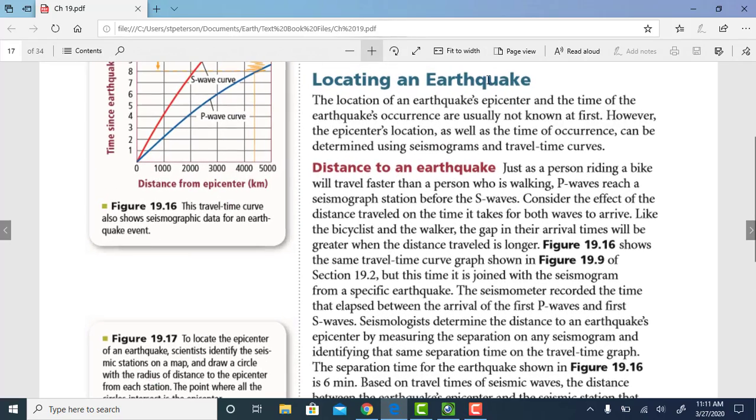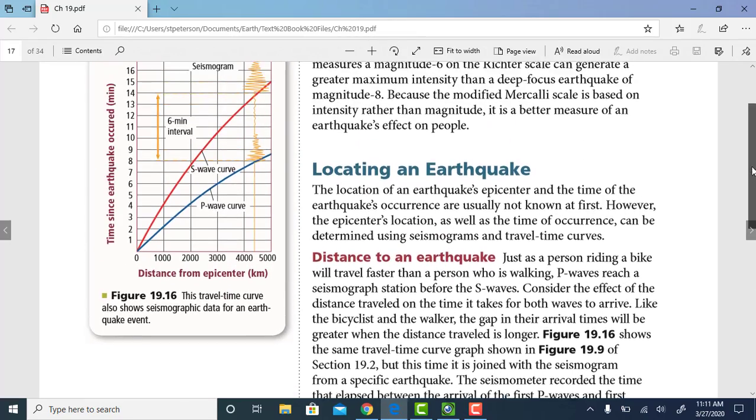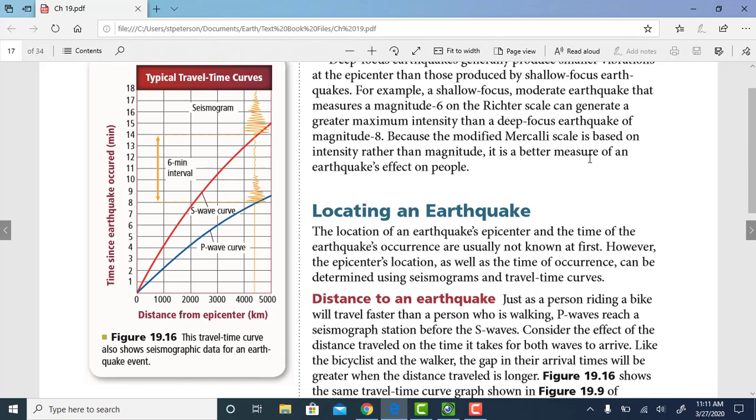So if you've got one of these graphs, you have to know the lag time, or the time between the S waves and the P waves. So you're looking for where the red line and the blue line are a certain distance apart.